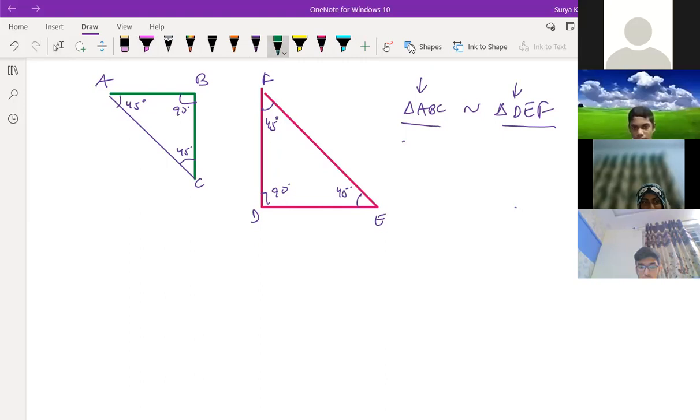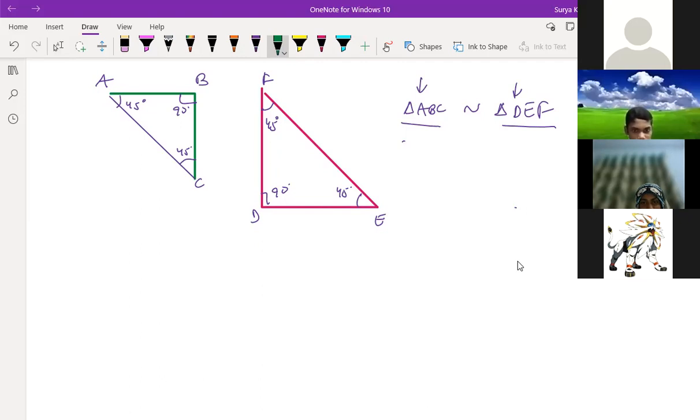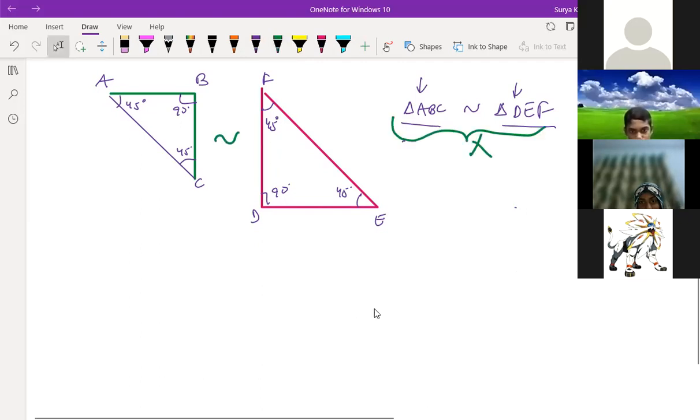Understood, Javian, why this is not correct? Yes, sir. Actually, these triangles are similar, but the way of writing is wrong. Understood, children? Others try to understand here. Triangle ABC is similar to what should we write, Praharshan? Triangle ABC is similar to triangle which one?